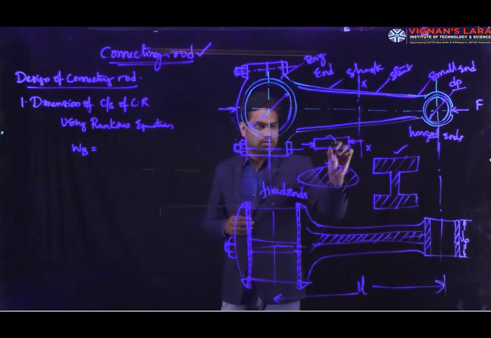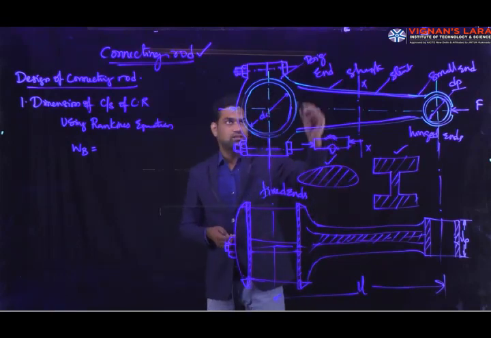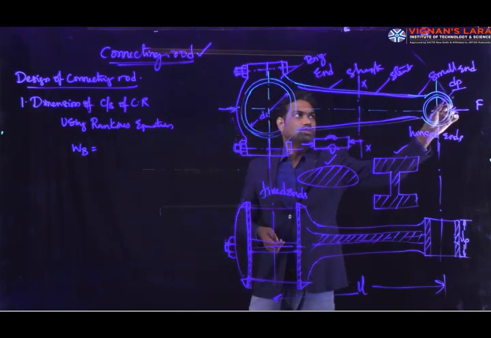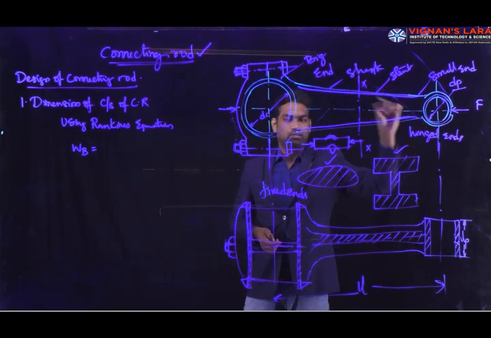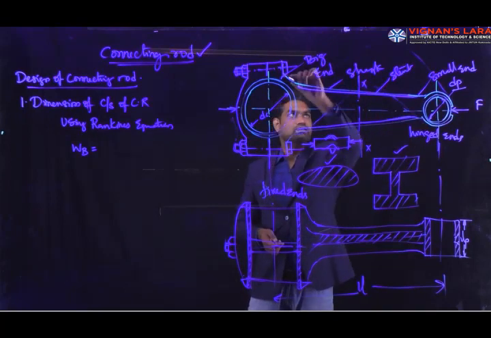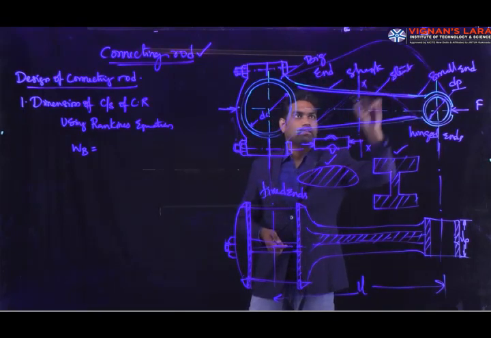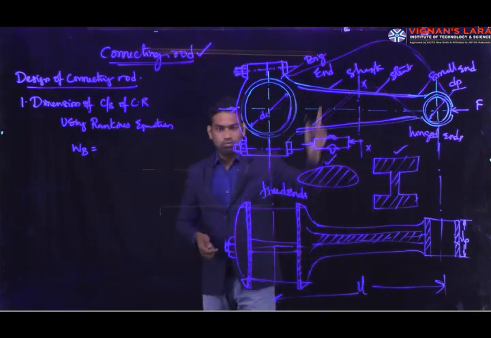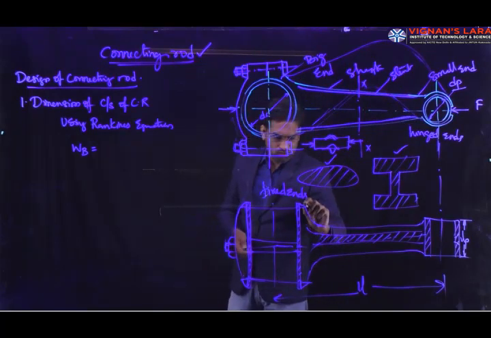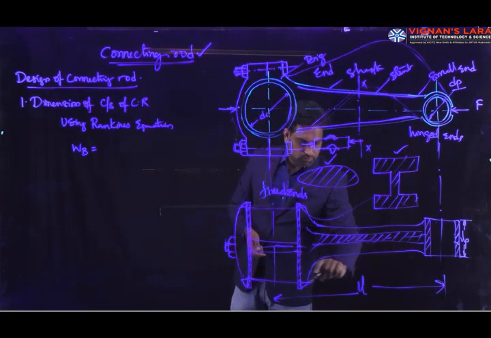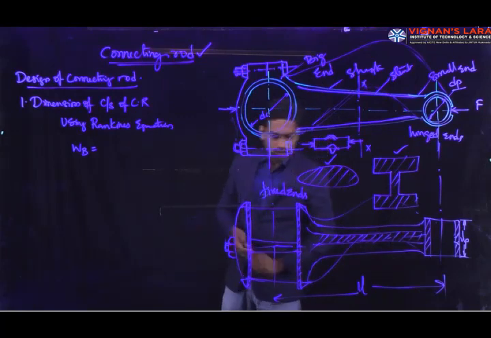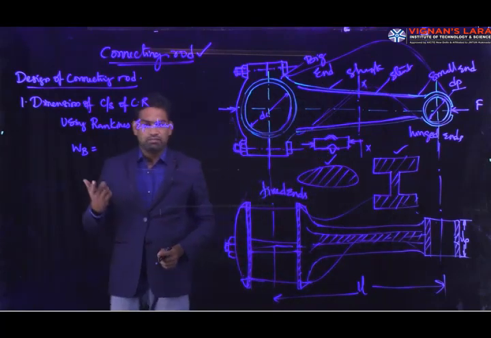It may bulge at the center in this direction, and the connecting rod is going to bend, forming a buckling action about the x-axis, or there may also be a chance of bending about the y-axis. So this buckling action can take place.